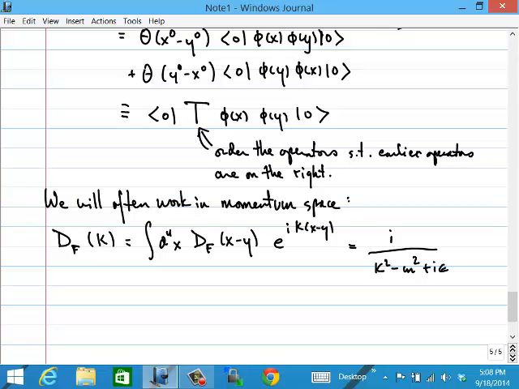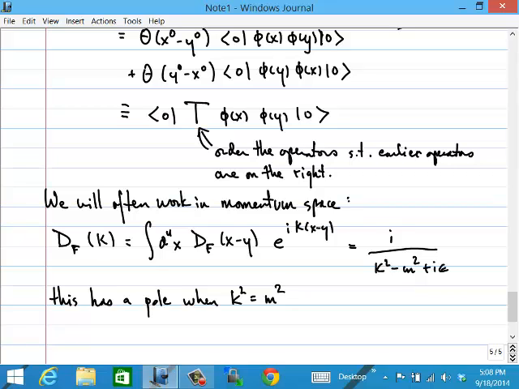So there are 2 points that I want to make about this expression before we conclude our discussion of free field theory. The first is that this propagator has a pole when k squared is equal to m squared. And remember, k squared equal to m squared is just the classical equation of motion for a plane wave.